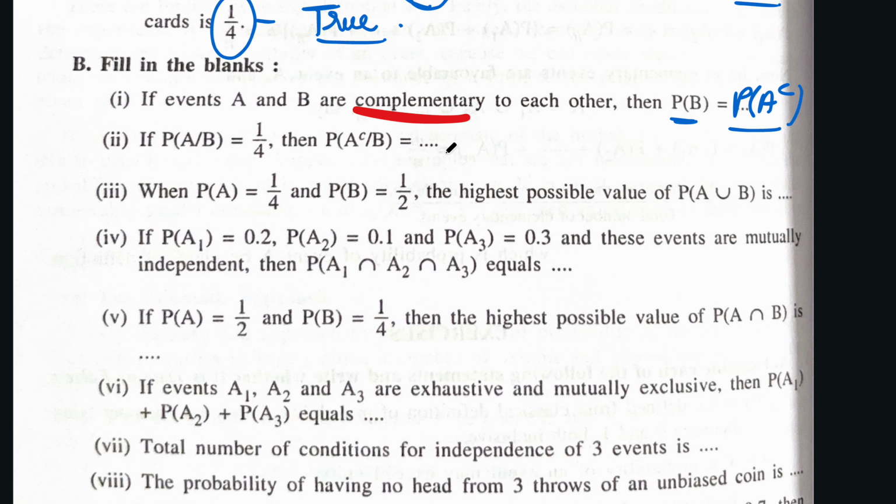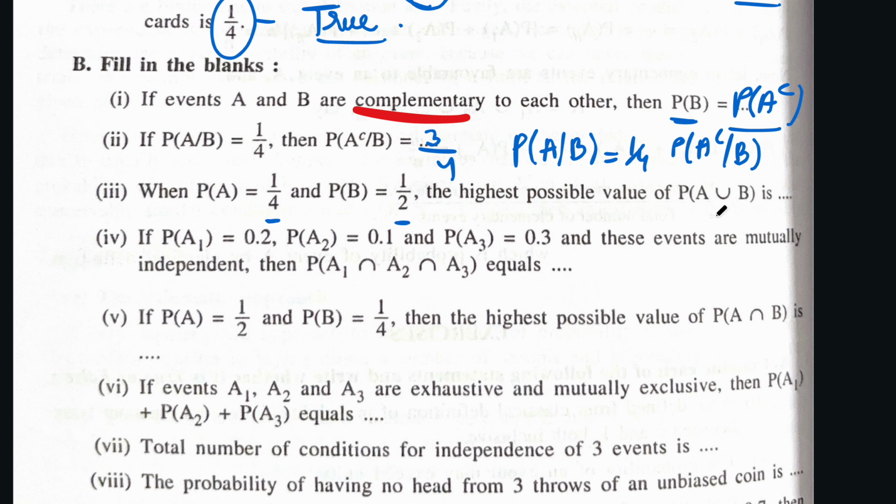You can Google it meanwhile if you're at that juncture. Probability of A given B is 1 by 4. Probability of A complement given B would be, I think, 3 by 4. Yes, it's 3 by 4. Okay. Probability of A is 1 by 4.